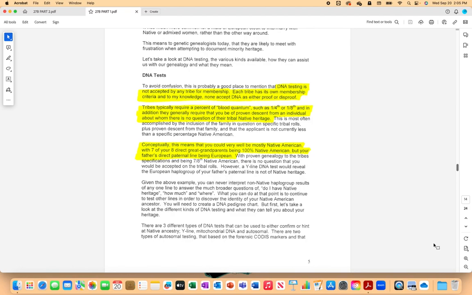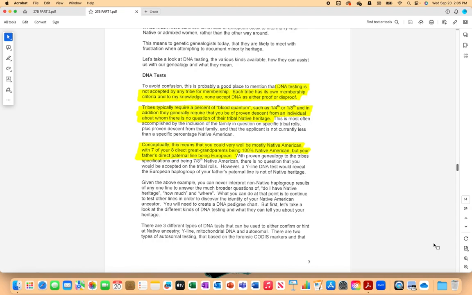In addition, they generally require that you be of proven descent from an individual about whom there is no question of their tribal native heritage. So a person who is legit in terms of being a part of a tribe, you have to be a descendant from that person. Regardless of, listen, let's not get into it today.